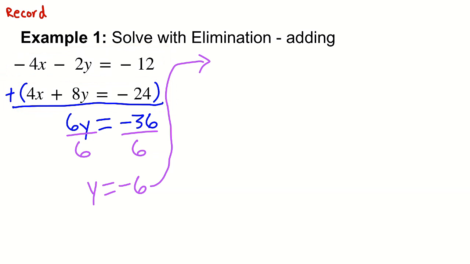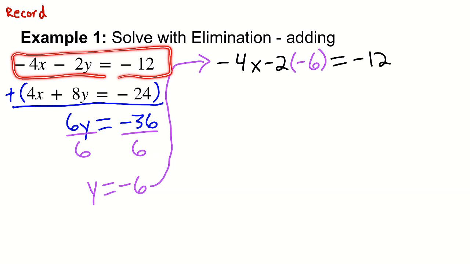So I'm going to take the first one, not for any particular reason. So I have negative 4x minus 2 times negative 6 equals negative 12. What you should notice is I used this equation and I plugged the negative 6 in for y right here.